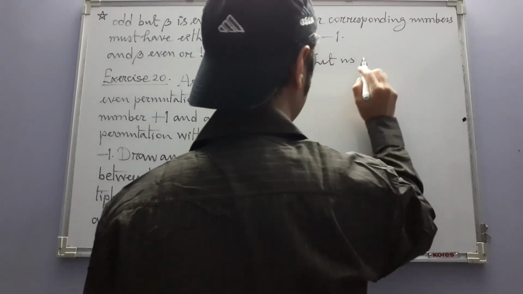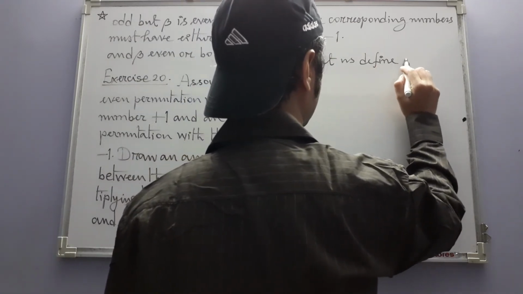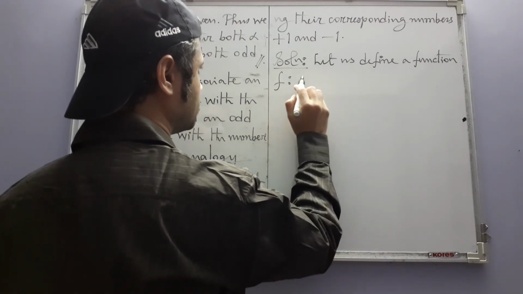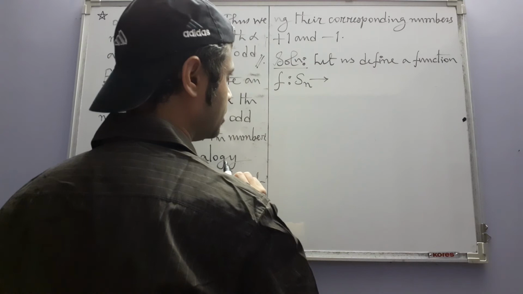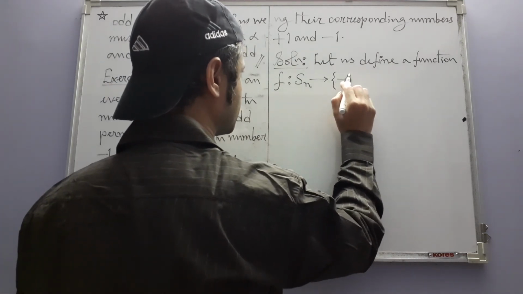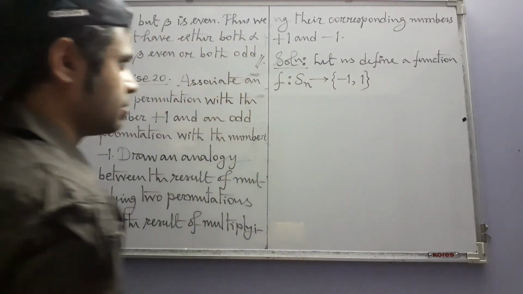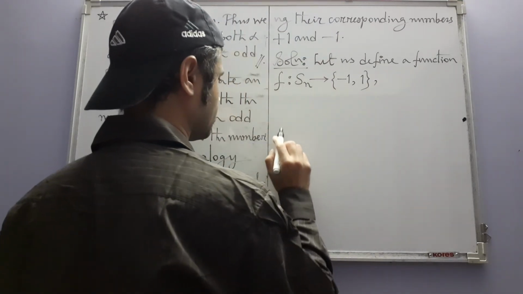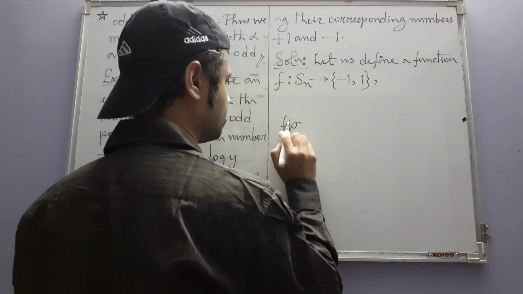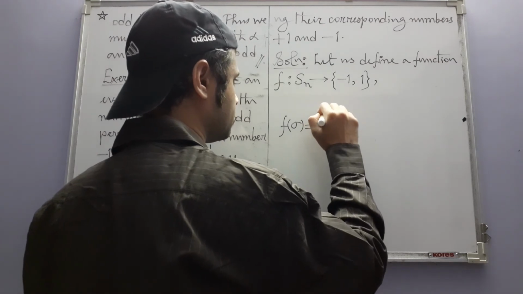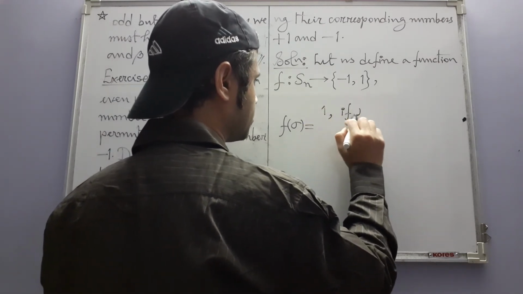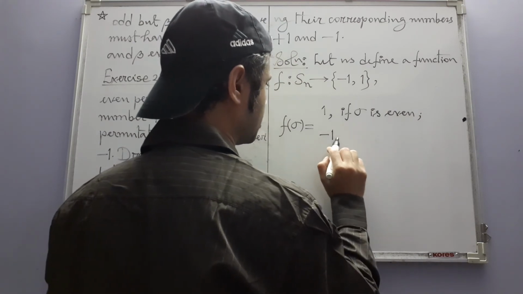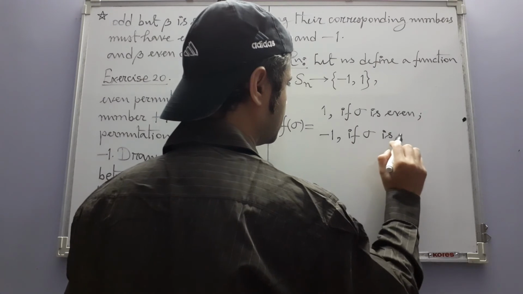Let us define a function f from the symmetric group of degree n into this set consisting of the real numbers -1 and 1, and the definition of the function is this: f of sigma is equal to 1 if sigma is even, and -1 if sigma is odd.